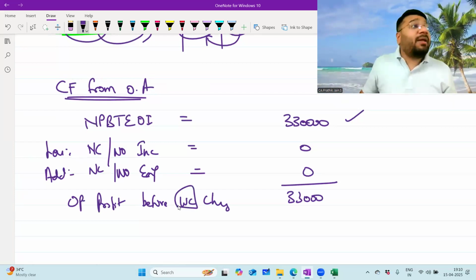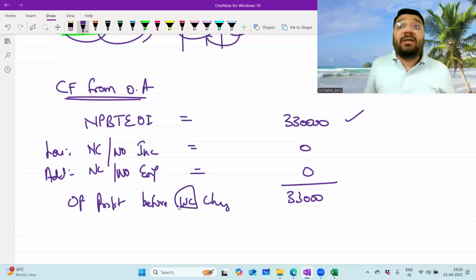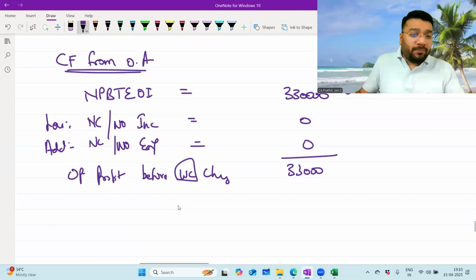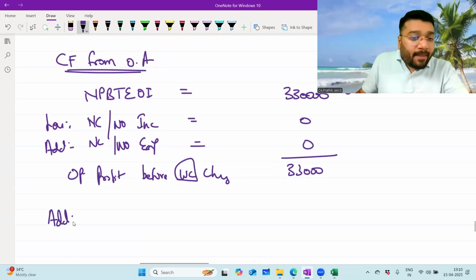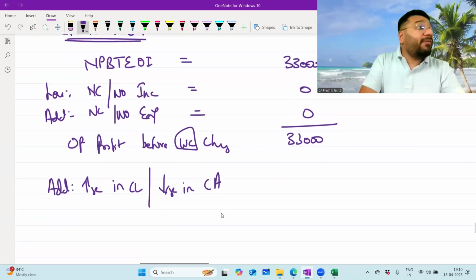Working capital means what? Current asset and current liability. Which means in that I need to adjust for current asset and current liability. Please tell me, debtor is what? Current asset. So now add increase in current liability and decrease in current asset. People by heart, we should not by heart, we have to understand the logic.